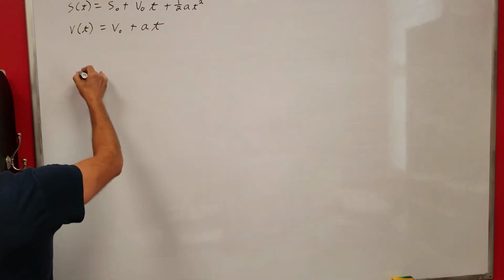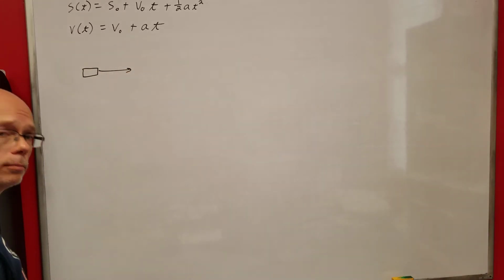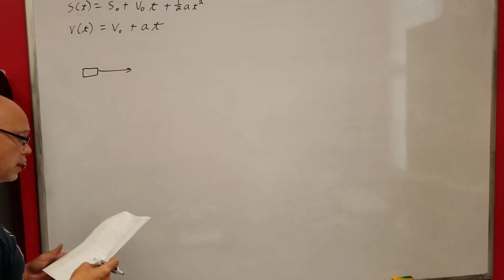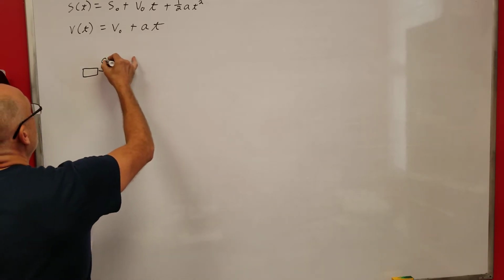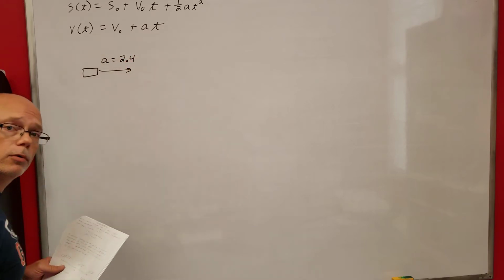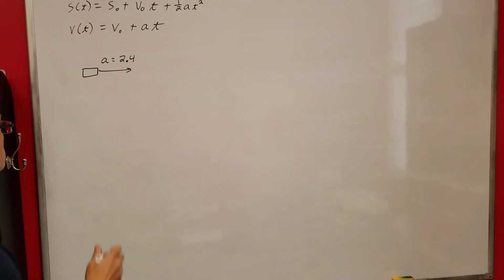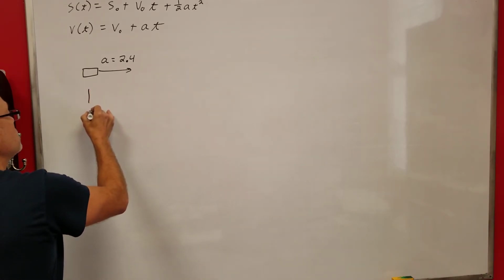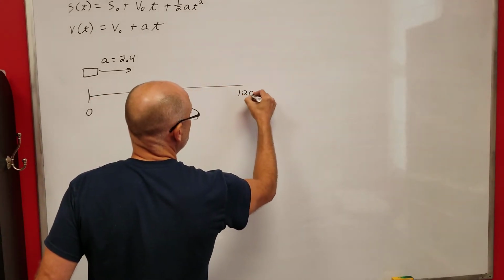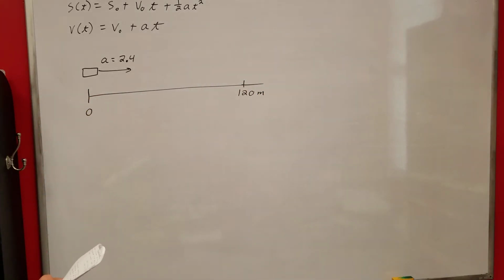All right. Let's say we have a motorcycle going like this, okay? It starts from rest and speeds up at a constant acceleration of 2.4 meters per second squared, so I'm going to put the acceleration at the beginning as 2.4. After it has traveled 120 meters, what happens?